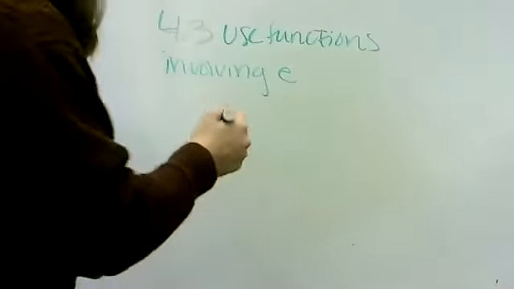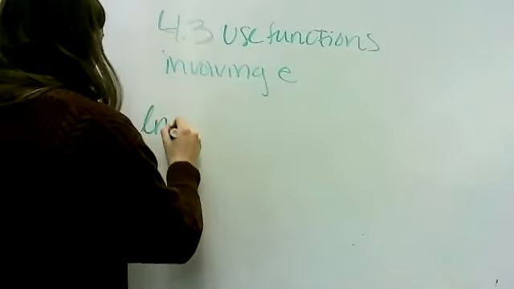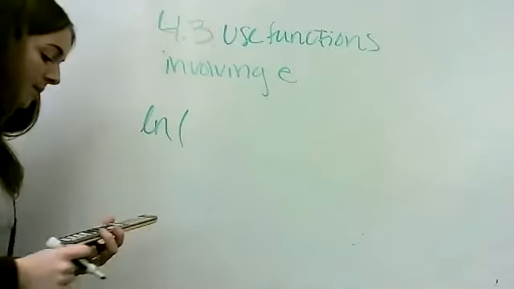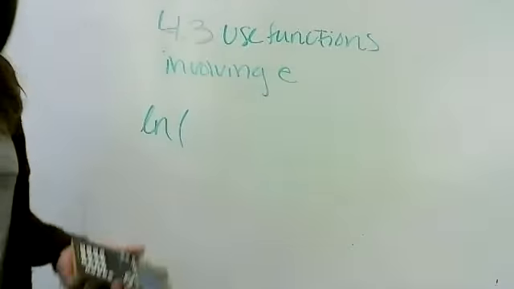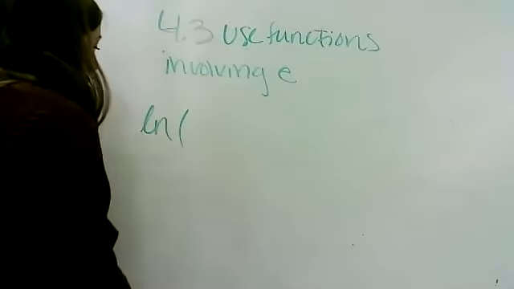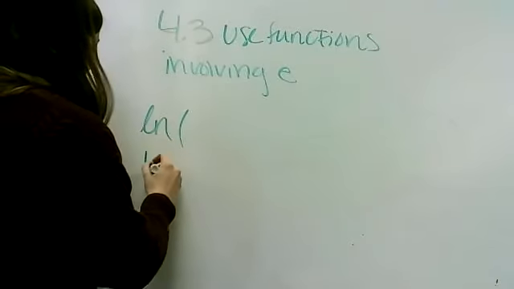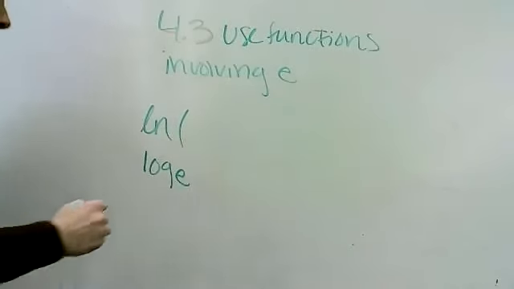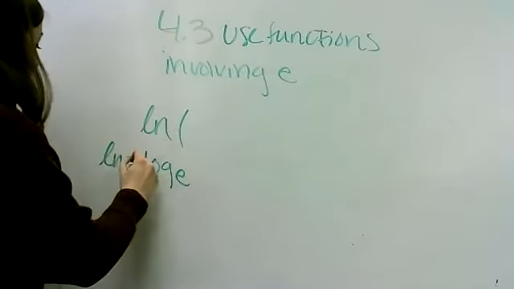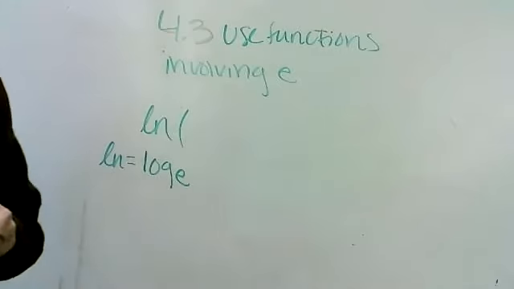When you hit that ln button, you're going to just get a parenthesis that pops up. There's nothing you can particularly hit here to give you a number that this stands for, but what this ln stands for is log base e. That is what natural log is. So ln equals log base e.